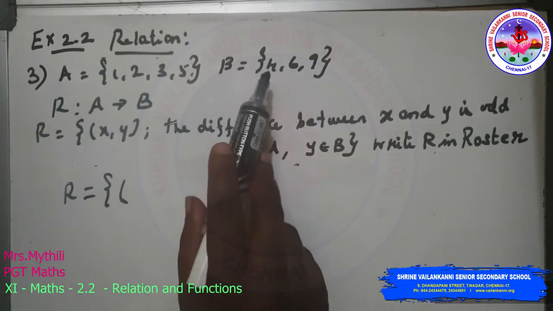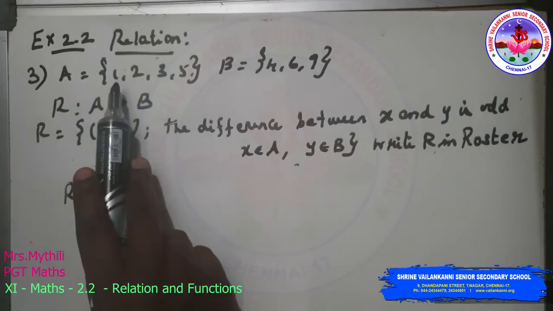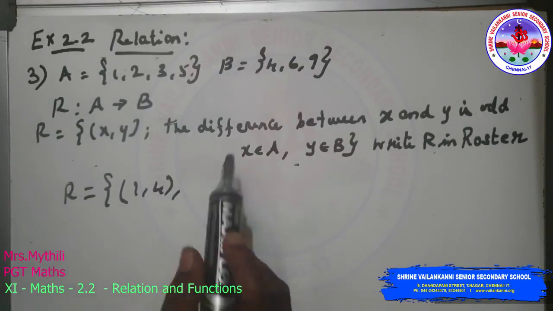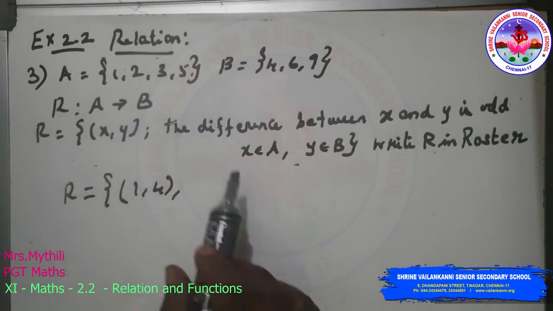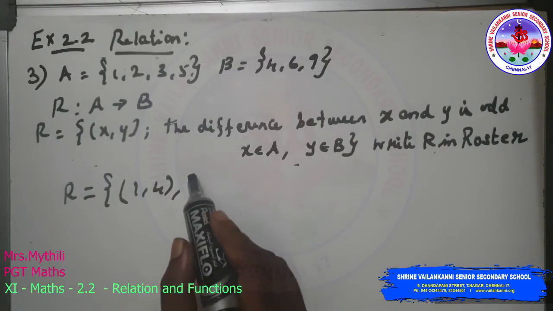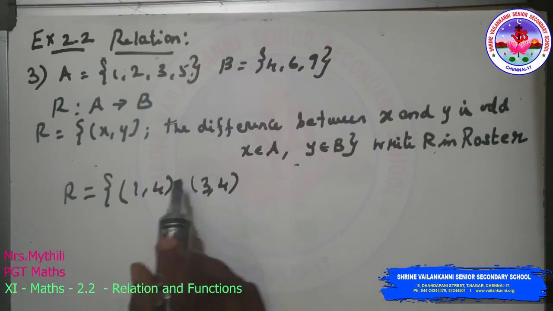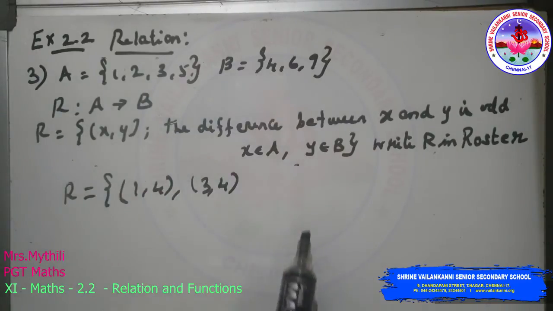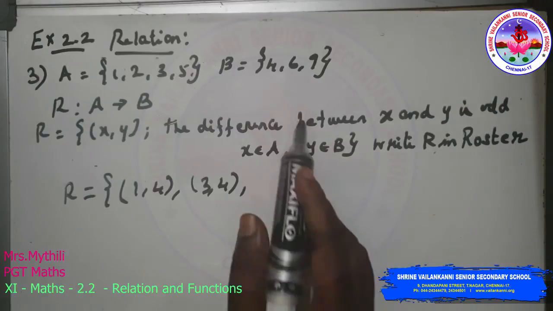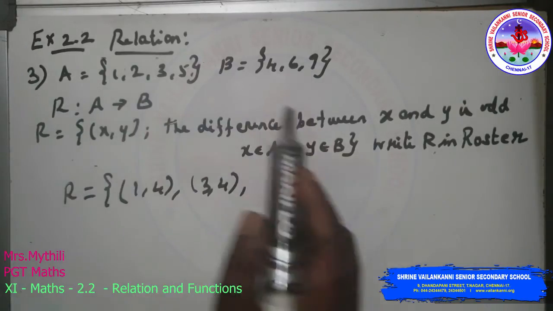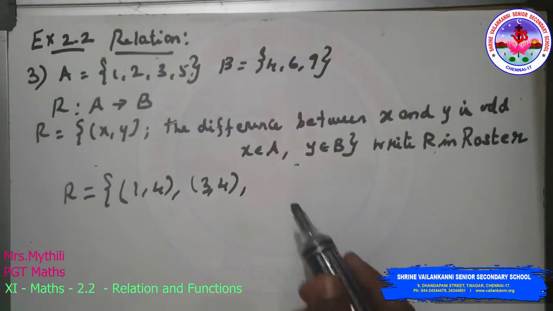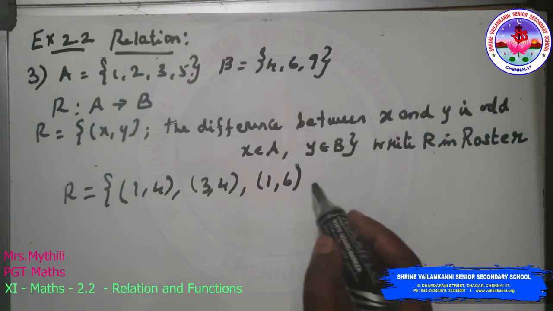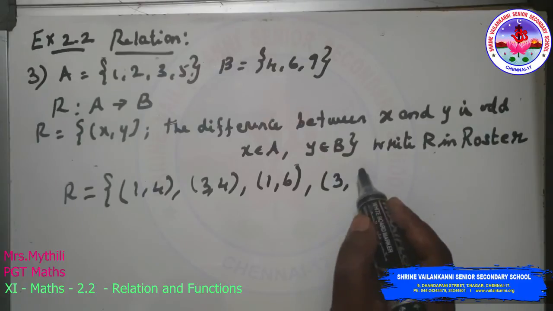So when we subtract 4 and 1, we get 3, which is an odd number. And 4 and 3, we get 1, which is an odd number. So (1,4) and (3,4), writing in order x, y, so the first element x in A and y in B. And 6 minus 1 is 5, which is odd. So we write (1,6), and 6 minus 3, so we write (3,6).